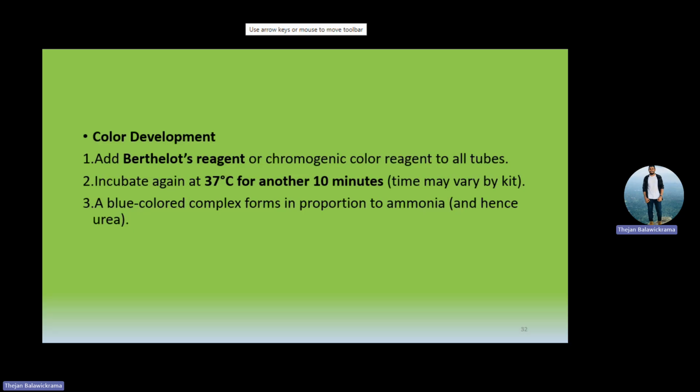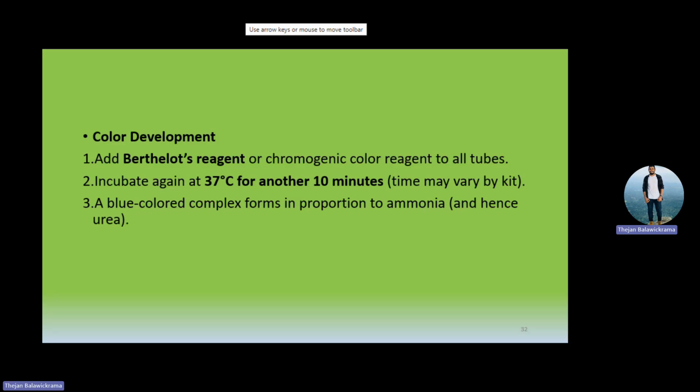Depending on how much ammonia was there in our blood sample, urea is converted to ammonia. So if there is a lot of ammonia, there must have been a lot of urea. Right. So then we have ammonia in our blood sample. Depending on how much ammonia is present, a blue colored substance is formed.